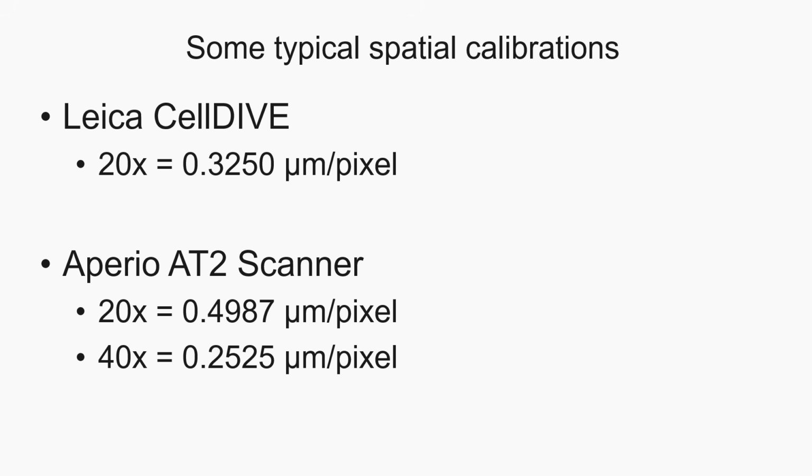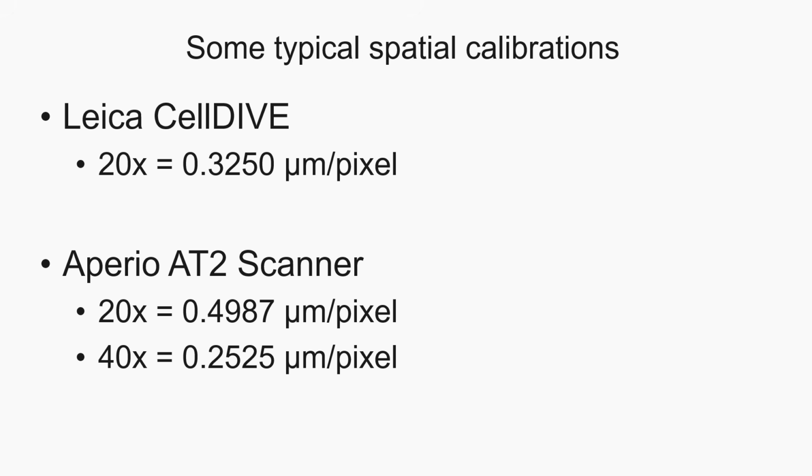Different imaging systems often have different spatial calibrations. For example, here at the MapCore core facility, we have a Cell DIVE multiplexing imaging solution. When we acquire an image at 20 times magnification, the pixel size is approximately 0.325 microns per pixel.